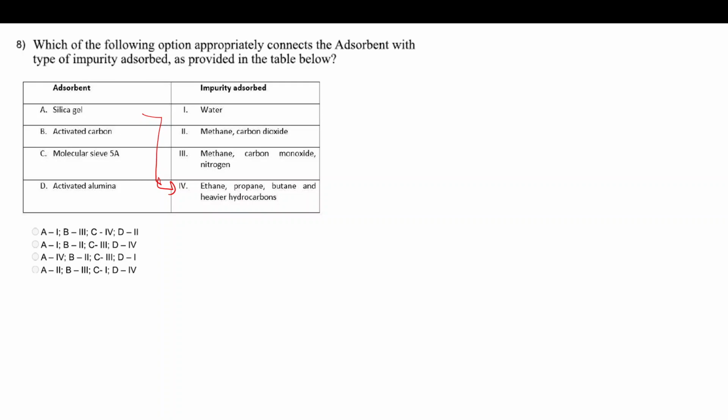Then activated carbon can separate methane and carbon dioxide. Then molecular sieve can separate methane, carbon monoxide, and nitrogen. And activated alumina can separate water. This is given in your slides also, by the professor.